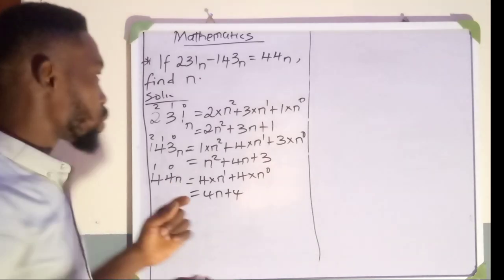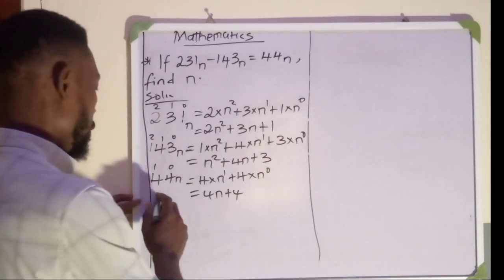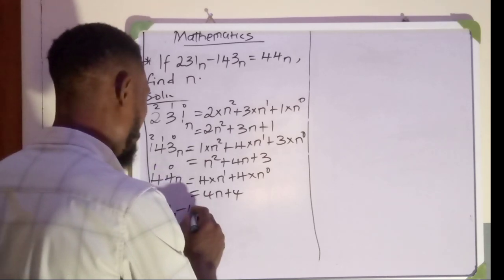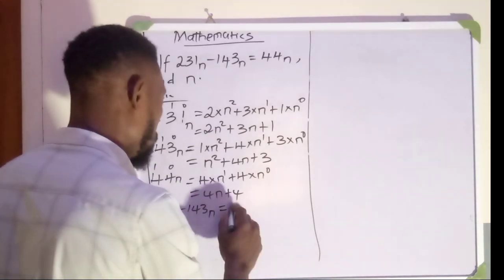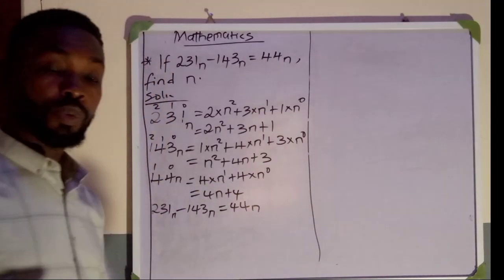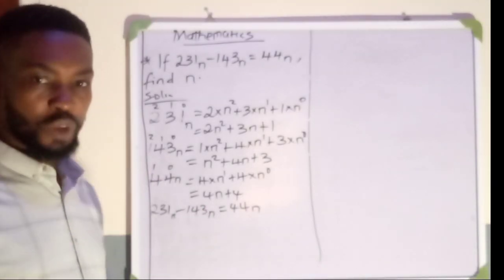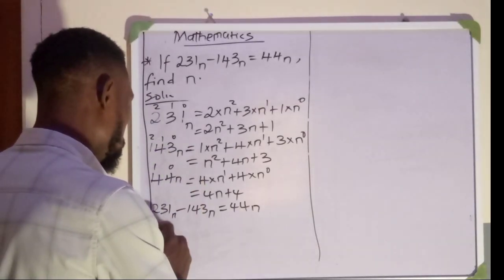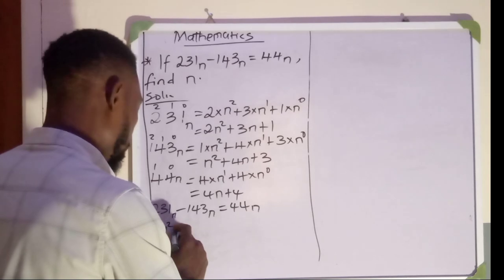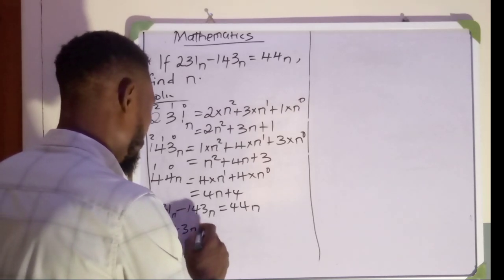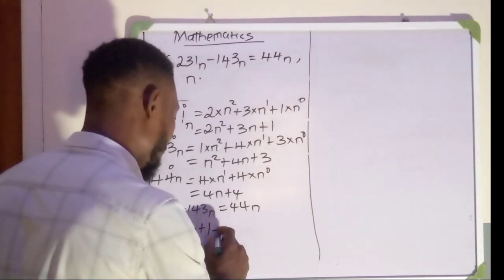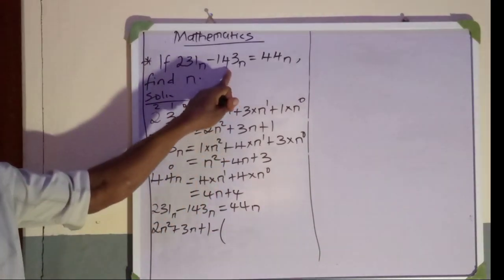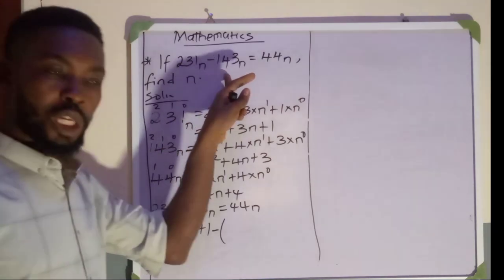So putting everything together now, from 231 in base n minus 143 in base n is equal to 44 in base n. Substituting with each of the numbers' equivalent in base 10, we will have 2n squared plus 3n plus 1 minus, I would advise you put this in brackets when introducing the equivalent of 143 in base 10.